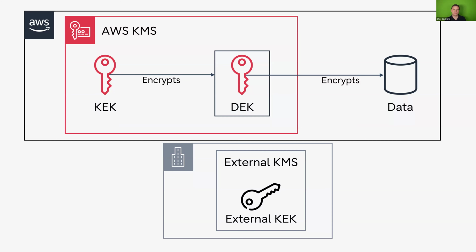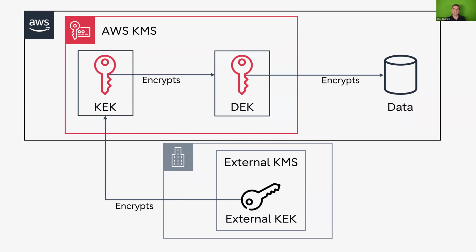This key will serve as an external key encrypting key, a second level of KEK, to encrypt the AWS-generated KEK in KMS. The result is a double envelope encryption. The DECs are encrypted and enveloped using an AWS-generated key, and then that AWS-generated key is itself enveloped and encrypted with your external key, which is a whole lot of acronyms and keys.